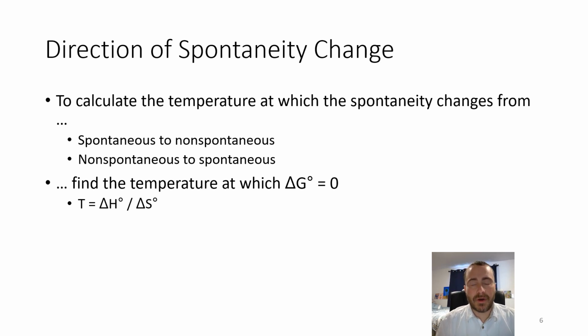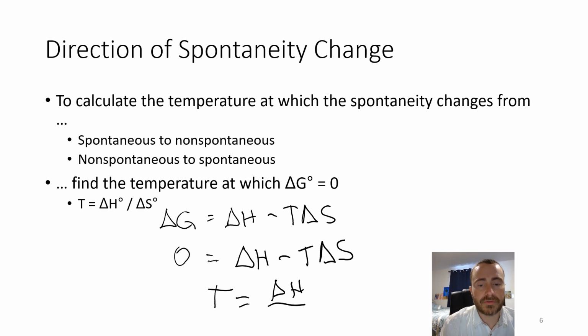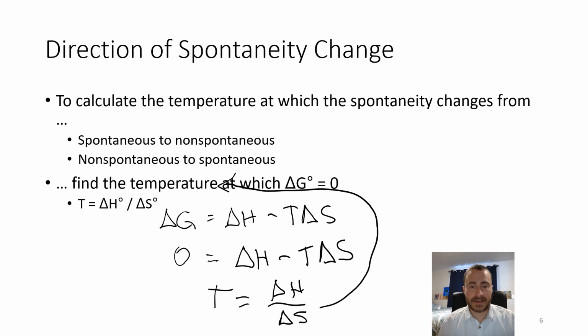So if we want to calculate the temperature when we have a change in spontaneity, delta G is equal to delta H minus T delta S, or 0 is equal to delta H minus T delta S, or that T is going to be equal to delta H over delta S, which is that equation right there.